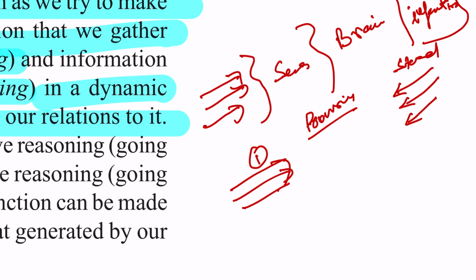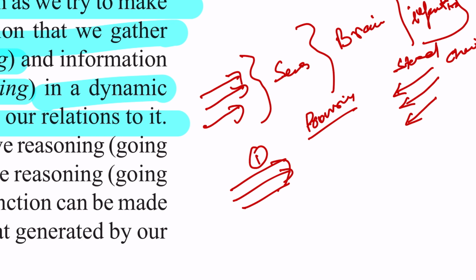Suppose, like in the last class, I have taken the example of a chair. Suppose you have a concept of a chair. A chair has four legs, you can sit, you can take rest, and then you have seen some chair like a beach chair.